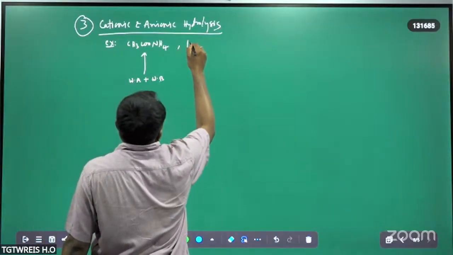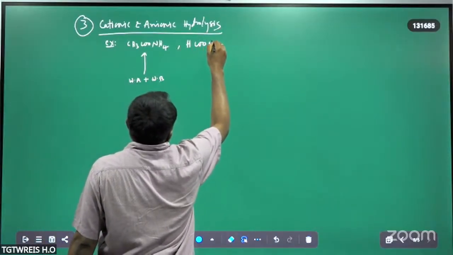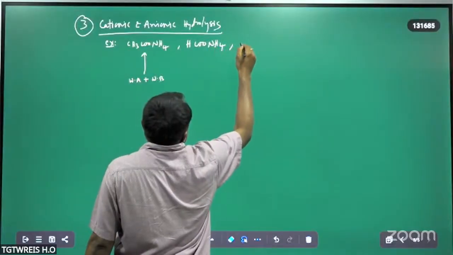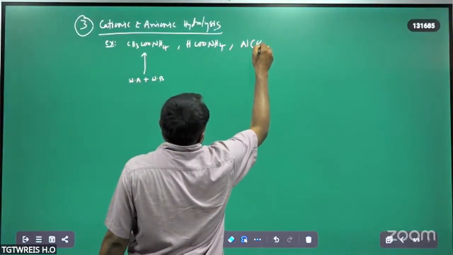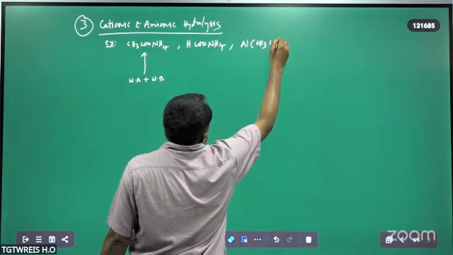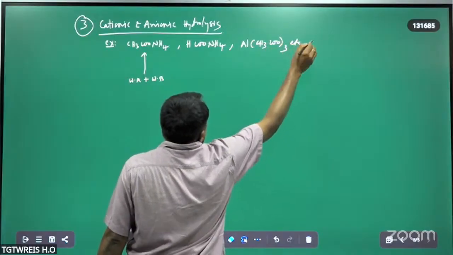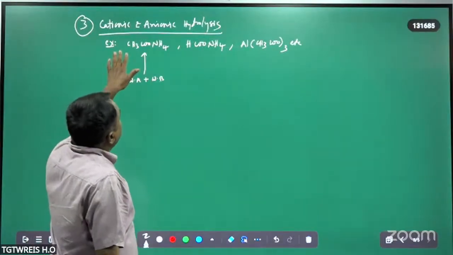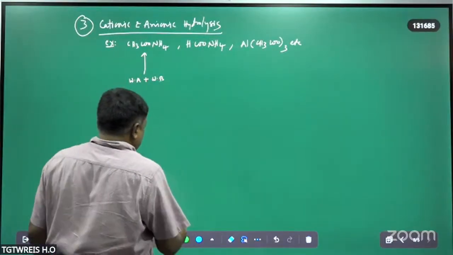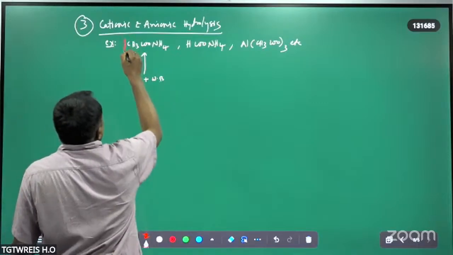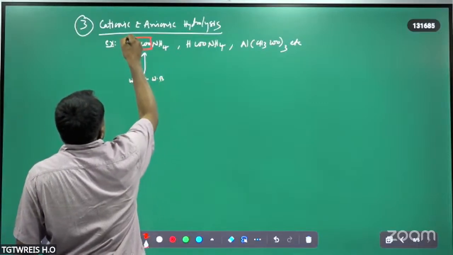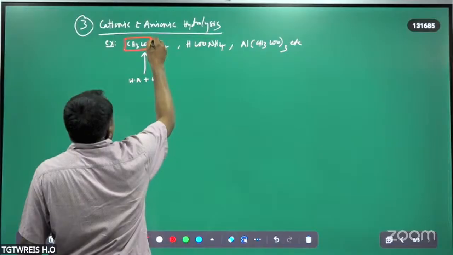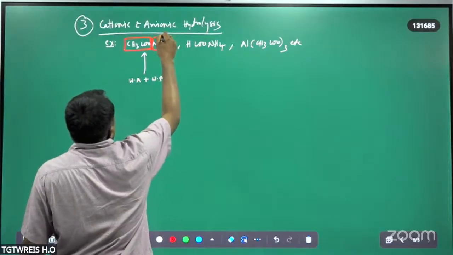Suppose HCOONH4 and Al(CH3COO)3, etc. These salts have both anionic as well as cationic parts undergoing hydrolysis. So the cationic part is undergoing hydrolysis, and also NH4+ is undergoing hydrolysis.